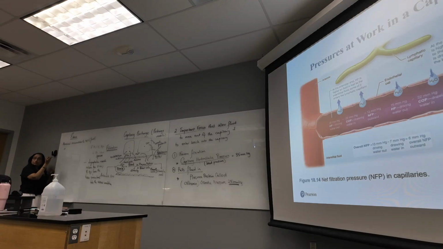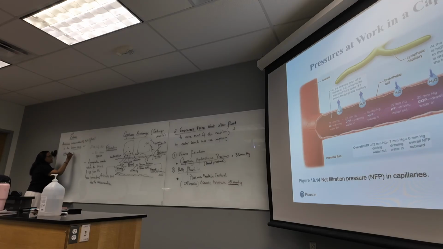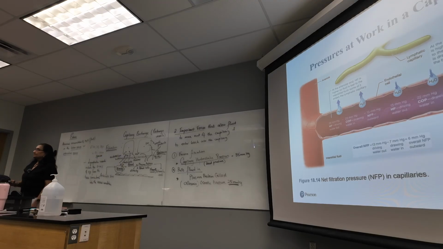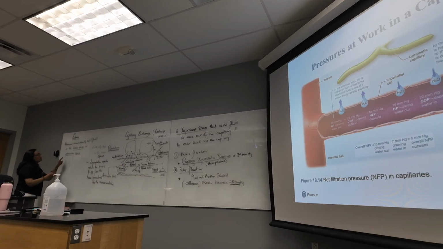So abnormal accumulation of fluid in the tissue spaces, or tissue space is also known as interstitial space. Interstitial space. So all of this is interstitial space, what you see here, between the cells. Okay, abnormal accumulation of fluid in the tissue spaces.